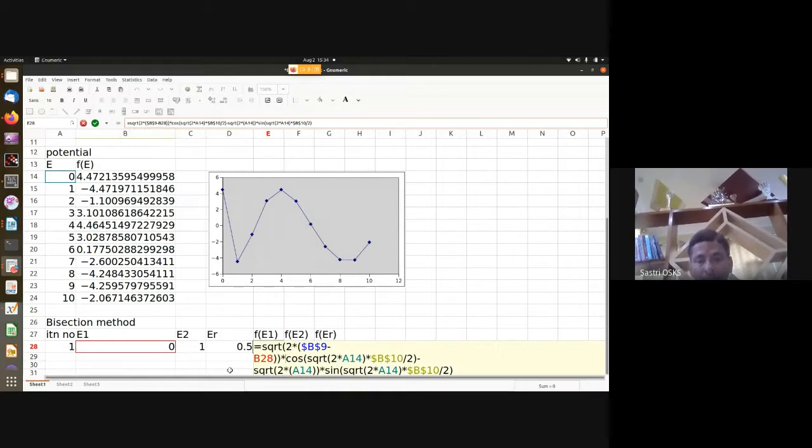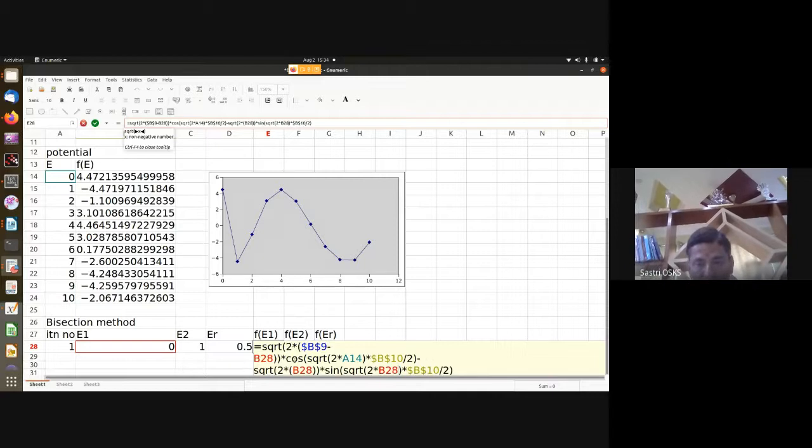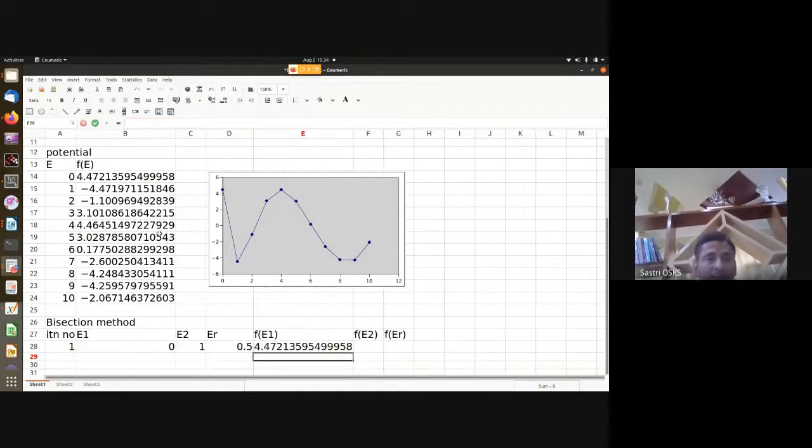A14 again remains, B10 remains, and square root of, yeah, here A14 should go to B28. I think one more A14 was there which we left out. We'll go and change it. That will also change to B28. And you can check whether you got the same answer or not, because it should be same.